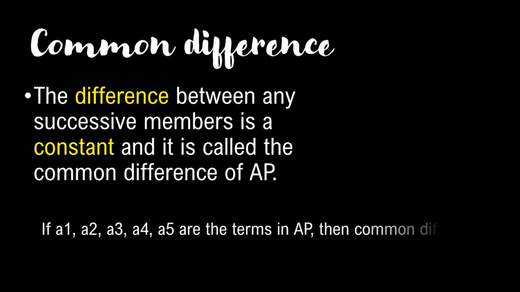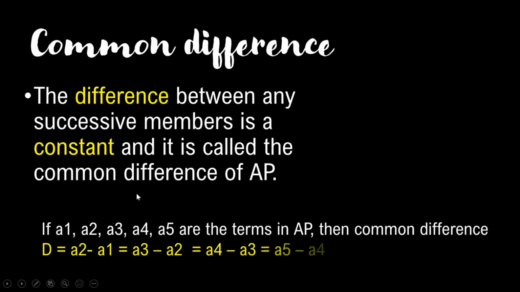Okay, so let's see the example. Let's imagine in terms of algebra, A1, A2, A3, A4, A5 are the terms which are in AP. Whenever numbers are in AP or arithmetic progression, then the common difference can be calculated as capital D or small d. So small d or capital D is equal to A2 minus A1, which will always be equal to A3 minus A2.